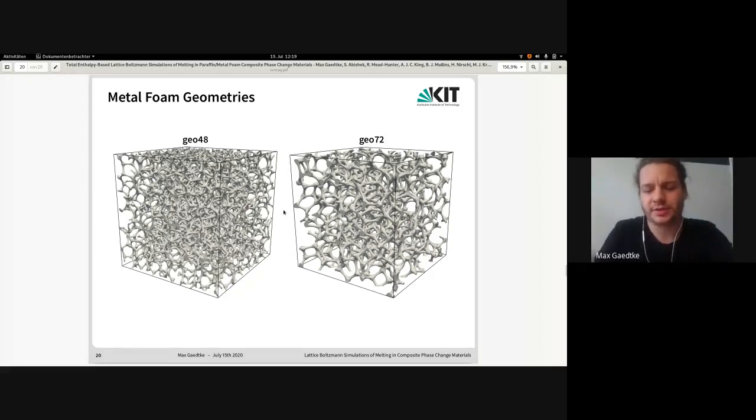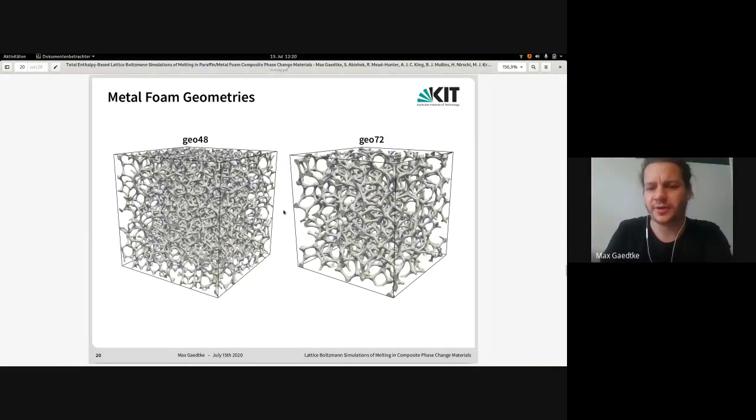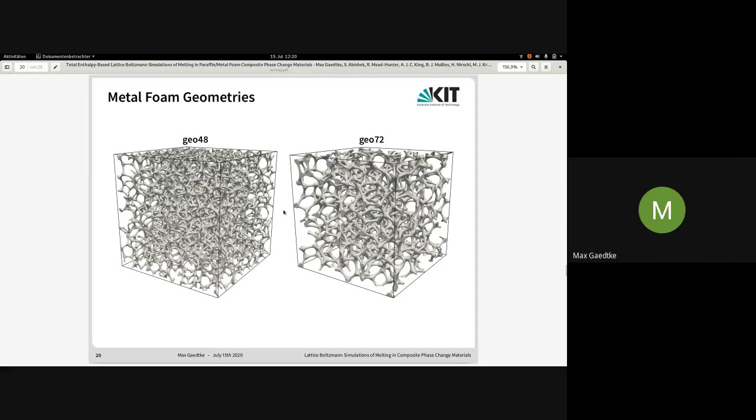And this is another advantage of generating these structures with an algorithm. The foams are actually periodic on themselves. So what we expect is that the heat transfer now from the hot wall to the bottom goes both ways: through the PCM that we filled in, which was paraffin, as well as through the metal structure of these foams.